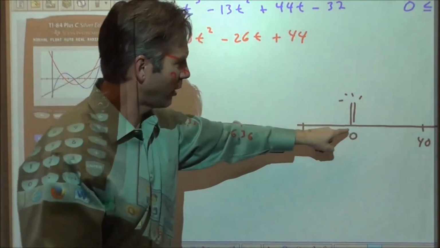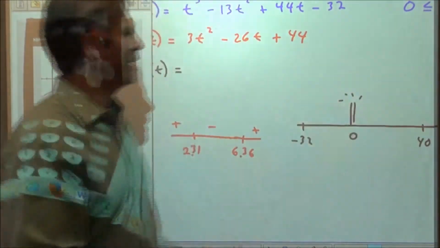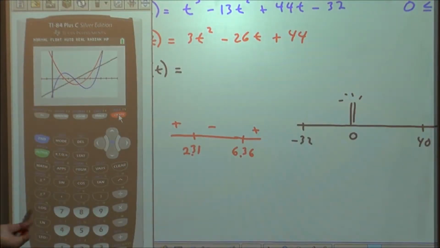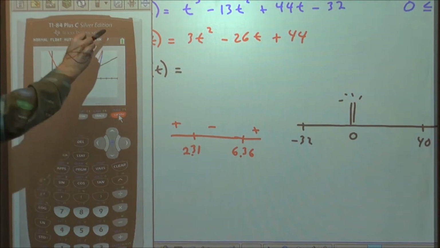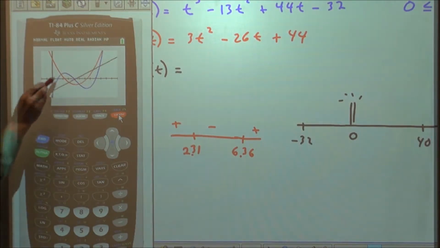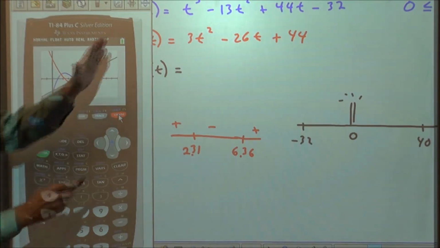That means it's slowing down, coming this way in the negative direction, speeding up, going in the positive direction, so it's concave up. If you look at the blue graph in terms of its concavity and the point of inflection where it turns and goes back up, we can see that the acceleration makes sense: concave down until right there, then concave up afterwards.